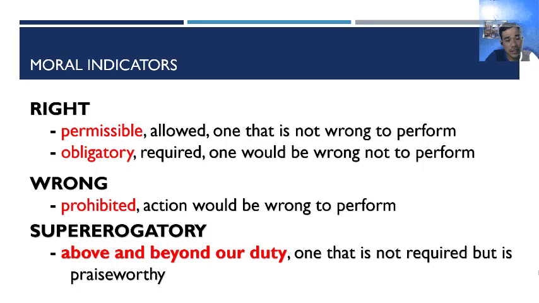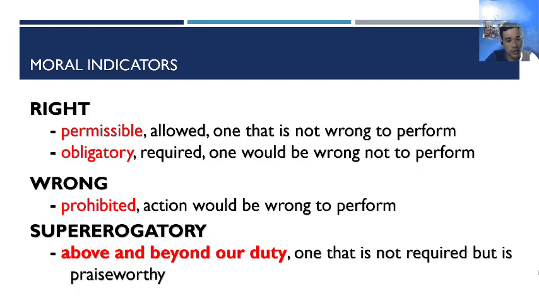While obligatory is different. It is required. One would be wrong not to perform it, so you should perform it regardless of whatever reasons or excuses you have. Wrong is prohibited. This is the opposite of obligatory. The action would be wrong to perform.